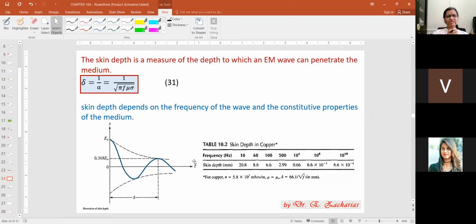Only a small thickness delta is available, so the effective area of cross section becomes very, very small. That means the resistance of the material is no longer a constant. It is going to depend on the frequency of the signal. So there is something called AC resistance. Till now you studied DC resistance; like that you can talk of AC resistance, and you will be able to see it because of the skin effect only.